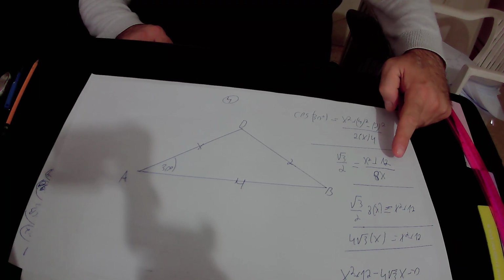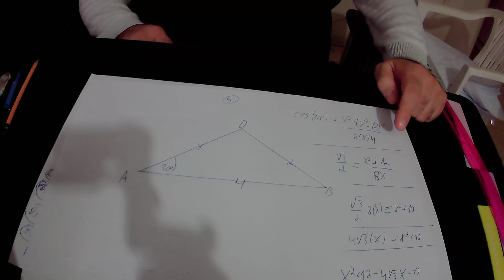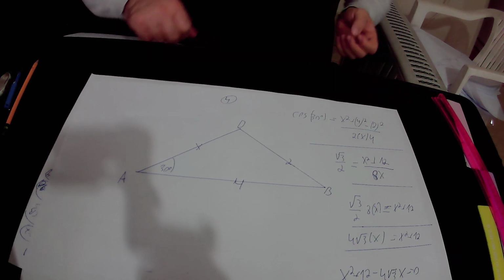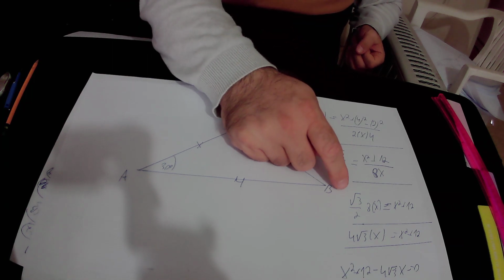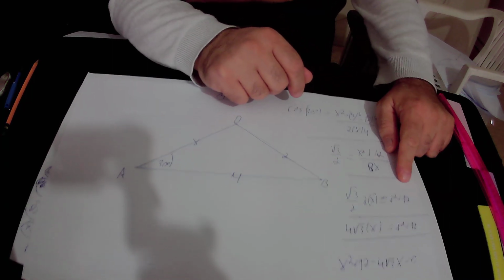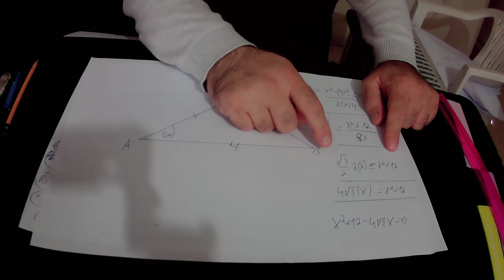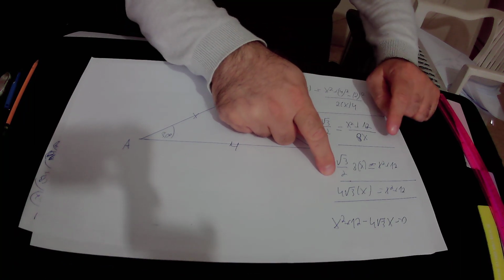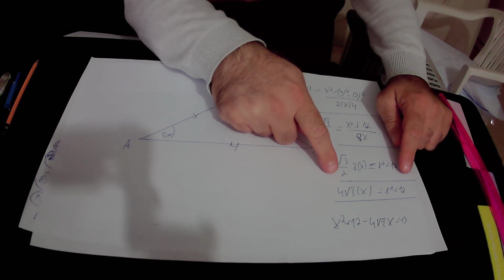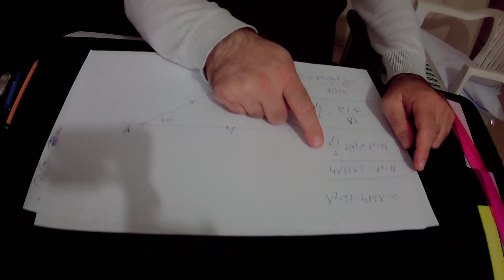We multiply this equation by 8x, and we get square root of 3 over 2 times 8x equals x squared plus 12. 8 over 2 is 4, so on this side of the equation we have 4 times square root of 3 times x equals x squared plus 12.